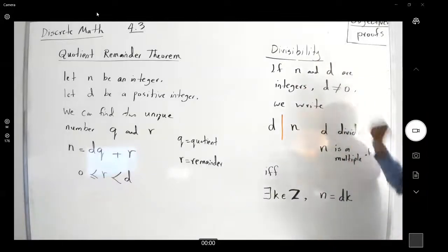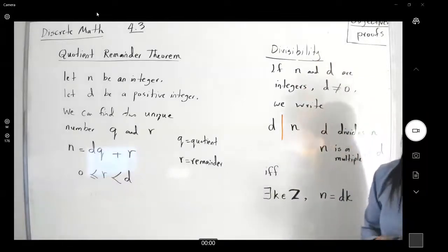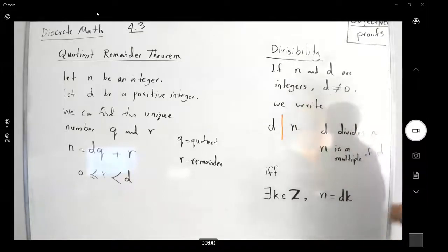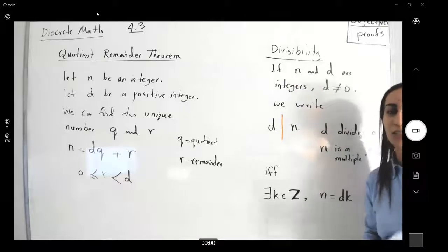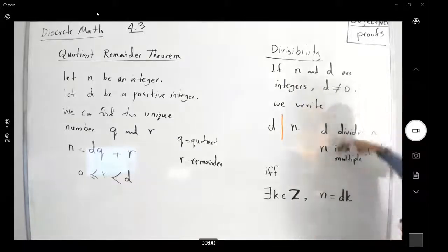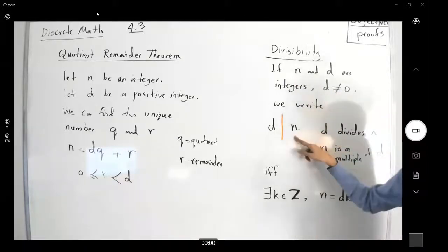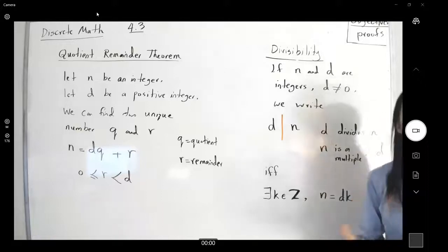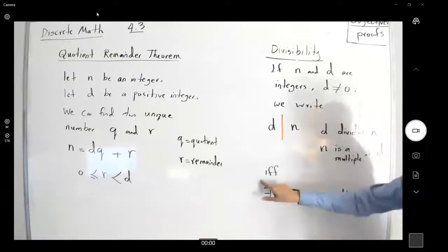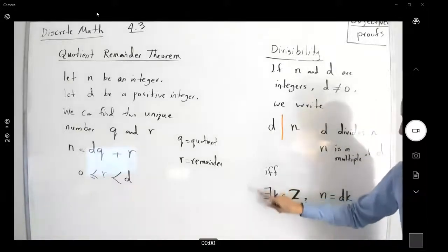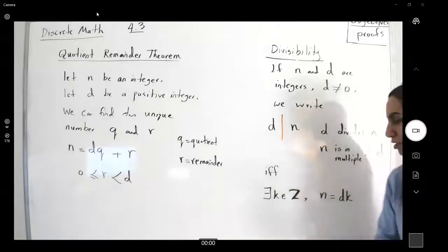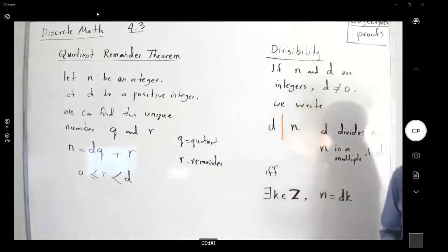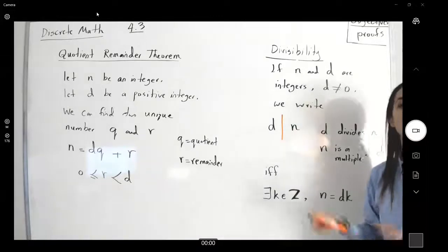We're going to go over that later, it's our Wednesday topic to prove some statements. d divides n, or n is a multiple of d, d is a factor of n, if and only if you can find another integer such that n is equal to d times K.